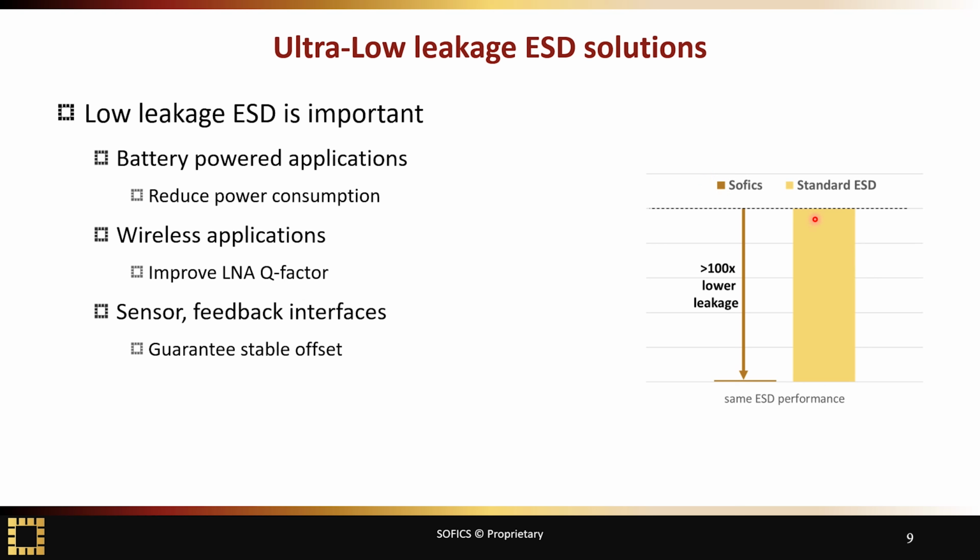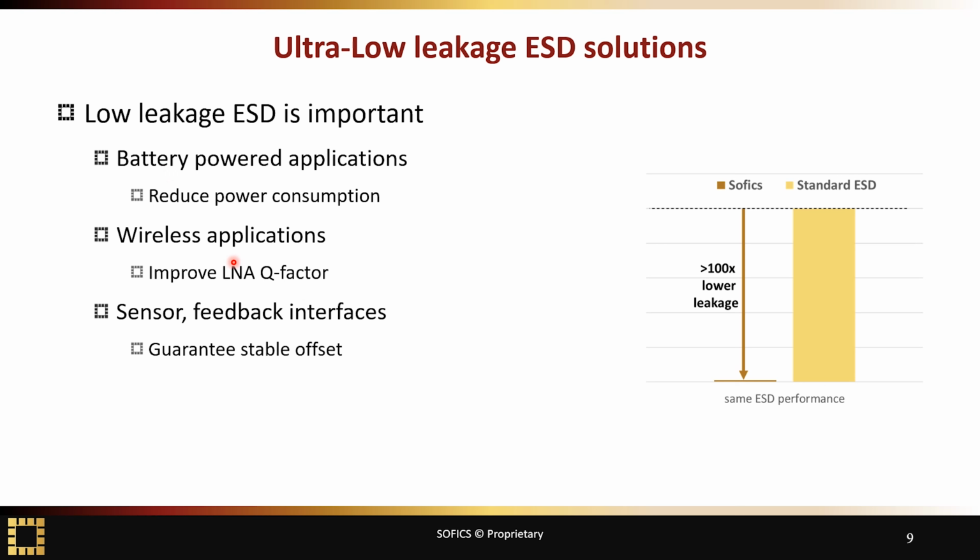Comparing standard ESD protection with the Sofix ESD, we can have 100 and sometimes 1,000 times lower leakage, which could be important for battery powered applications, or applications that do not use a battery and just rely on ambient energy, like the recent cooperation with Onyo.